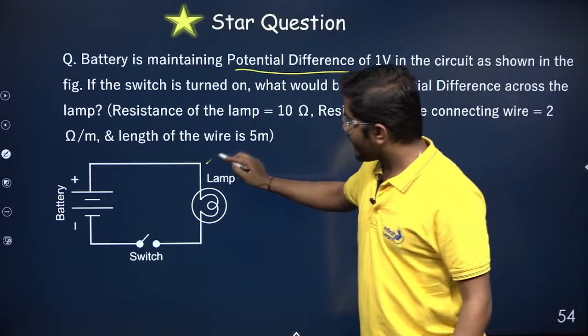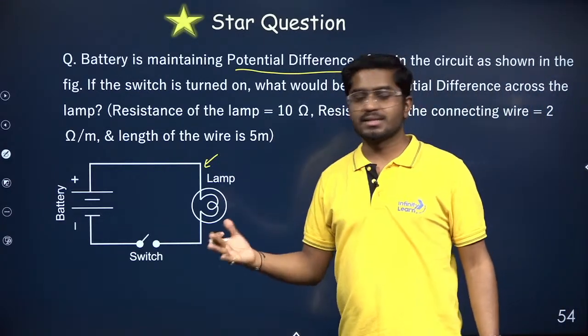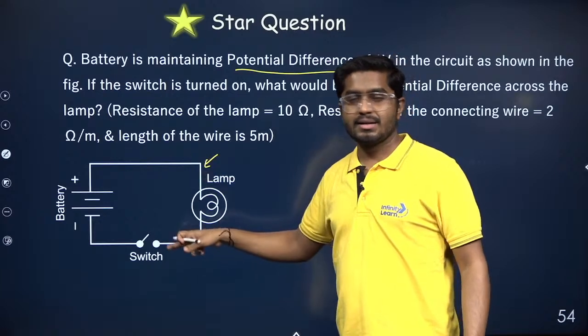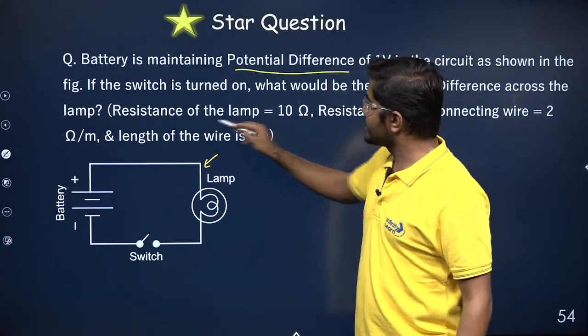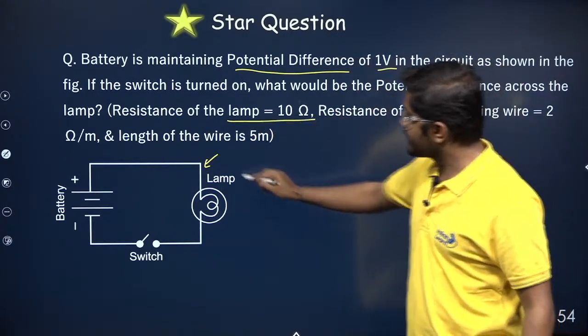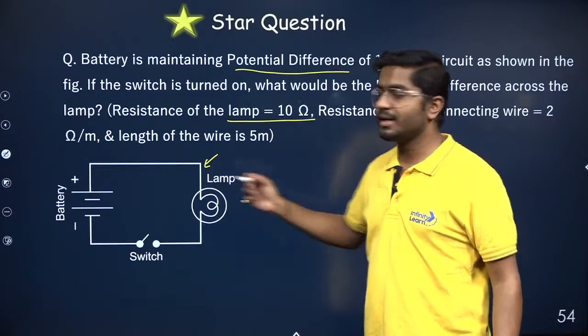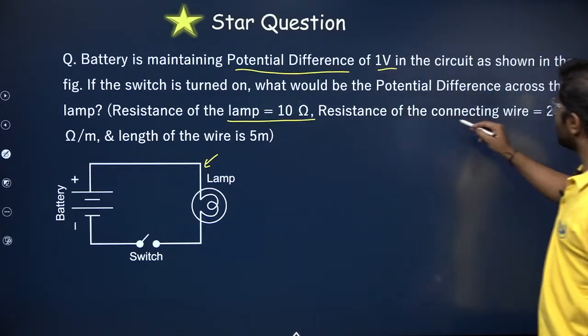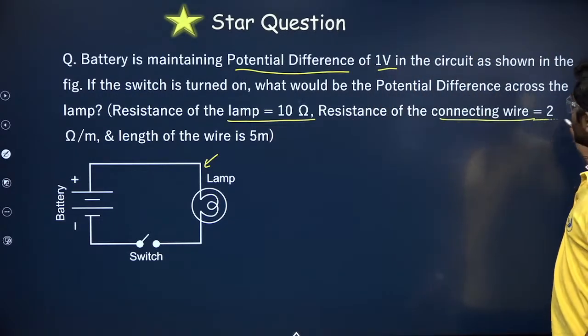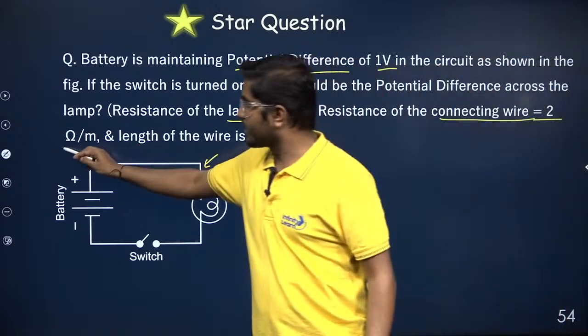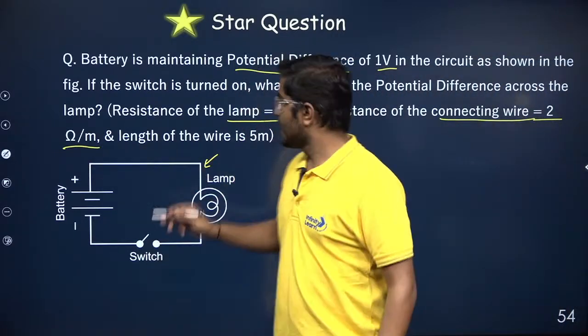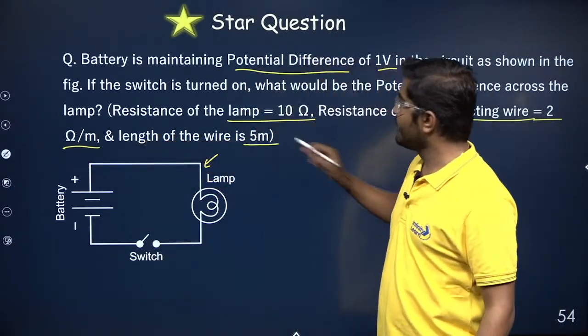Usually these wires have 0 resistance, but now there is a special wire and it has a resistance. So resistance of the lamp is 10 ohms. There is a lamp which has 10 ohm resistance, and resistance of the connecting wire is 2 ohm meter, correct? And length of the wire is 5 meters.